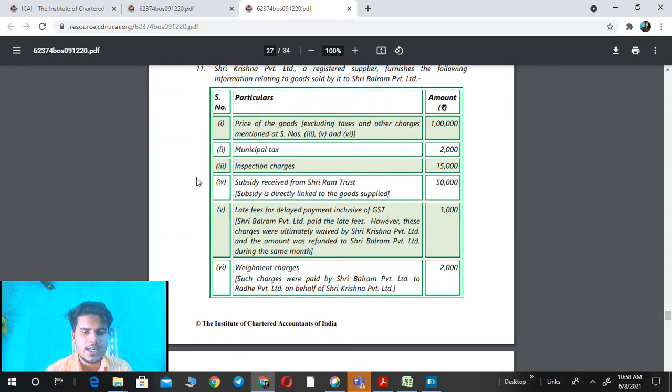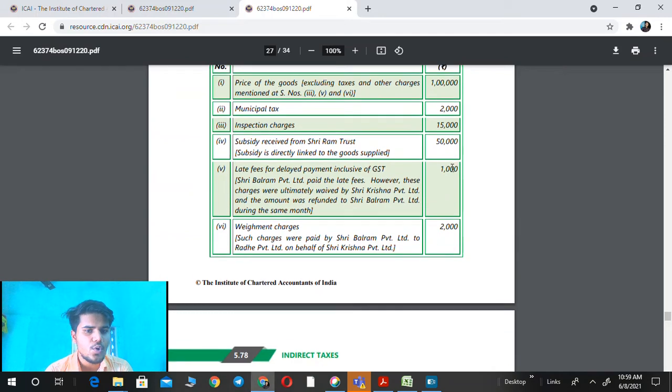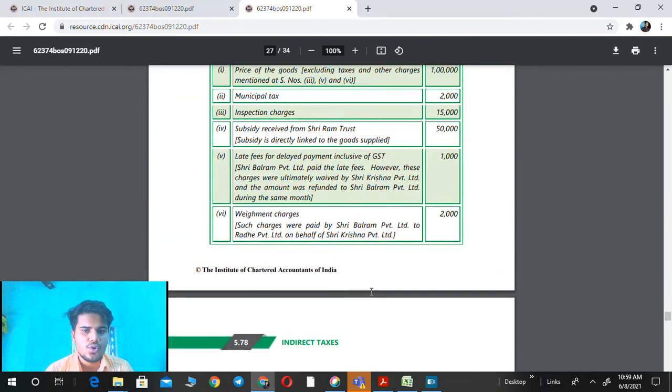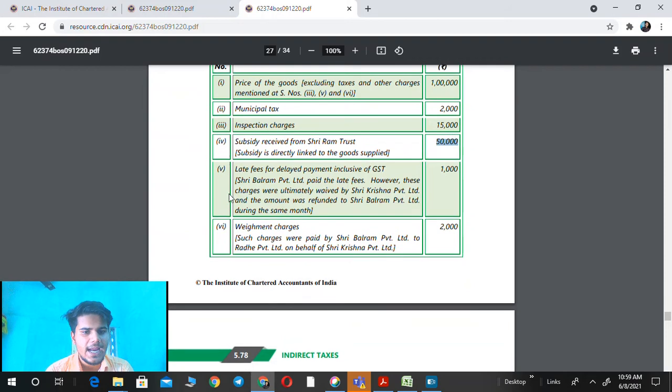And next, inspection charges, not included in the transaction price, so we add back to the transaction price. And subsidy from the Sri Ram Trust. Sri Ram Trust is not a central or state government, so the subsidy is already adjusted because the price is net of subsidy received, so we add back the 50,000 amount in the transaction price. And the late fees for delayed payment inclusive of GST 1,000, so 1,000 is also to be included in the transaction price.